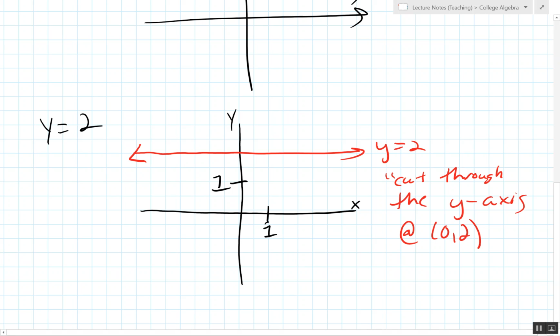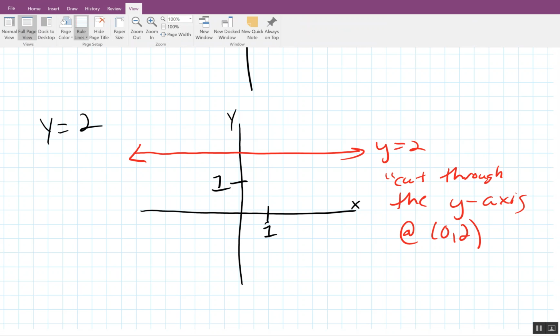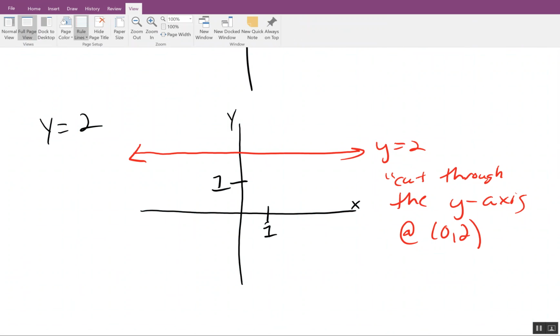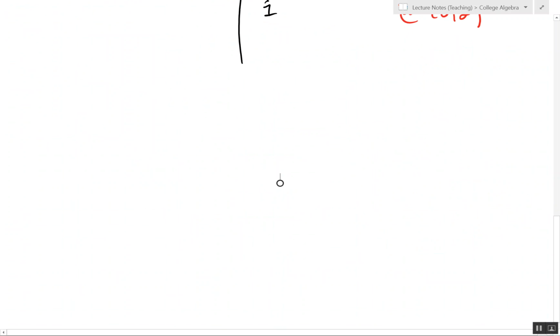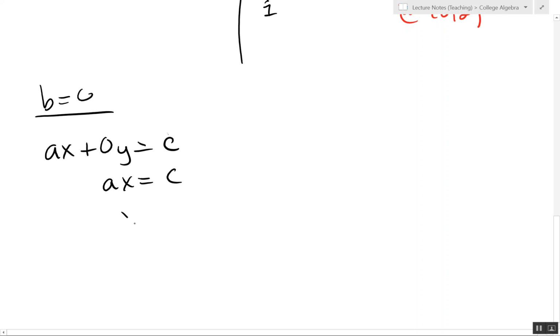So let's look at the other case. Let's get rid of the grid. If b equals 0, then we get ax plus 0y equals c, and so we just get ax equals c, so we get x equals c over a.